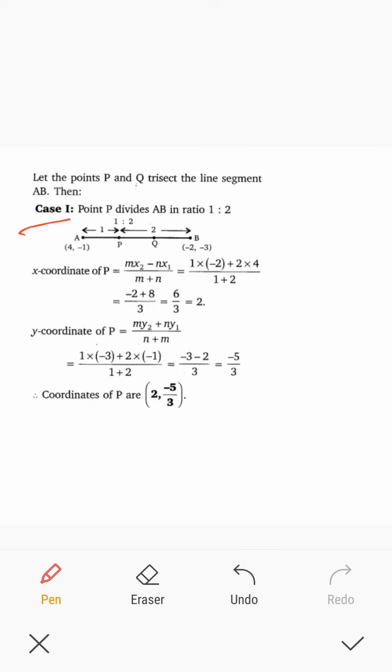Case 1. What is case 1 and case 2? Why is the case mentioned like this? There are 2 points. For dividing a line segment into 3 equal parts, 2 points are there.